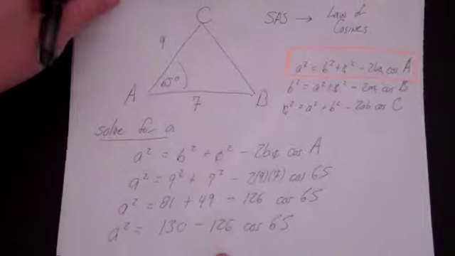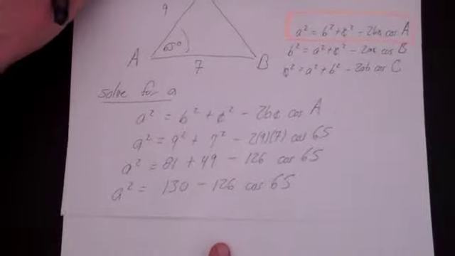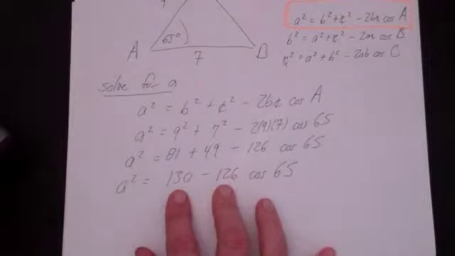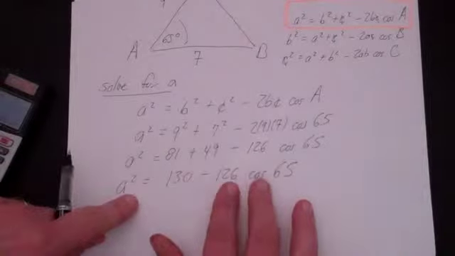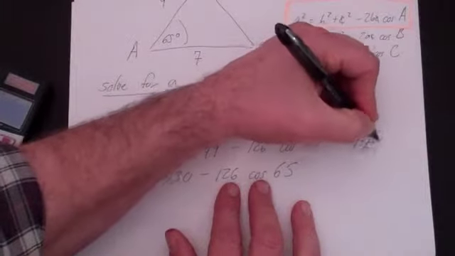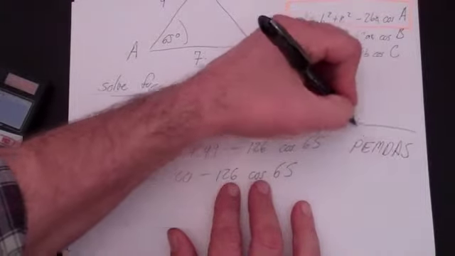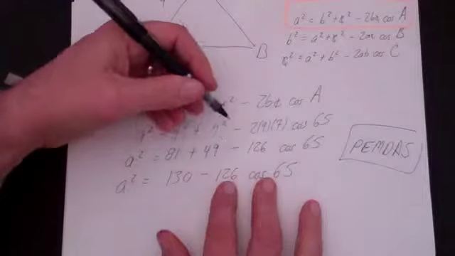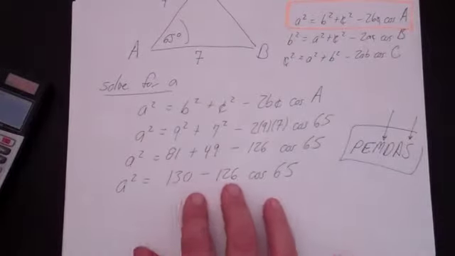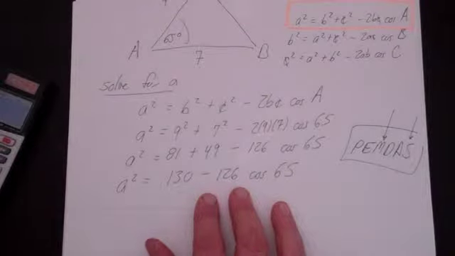At that point, I might be tempted to subtract 130 and 126, but I can't because this is multiply. Multiply in PEMDAS has to go before subtract. So I just plug that in my calculator. 126 cosine 65.